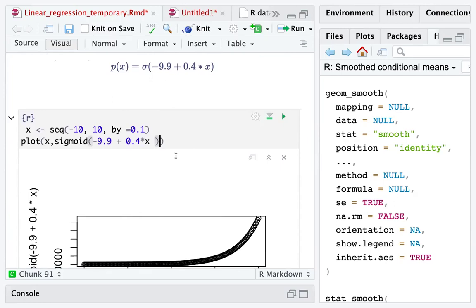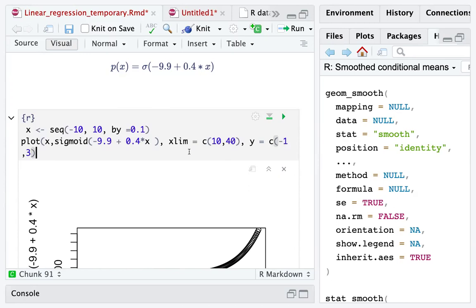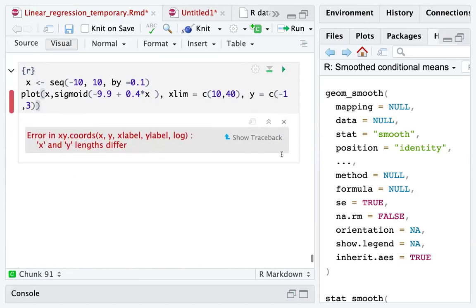So say the number of consonants will be between 10 and 40, and y between -1 and 3. Let's make this choice. The lengths of x and y differ.